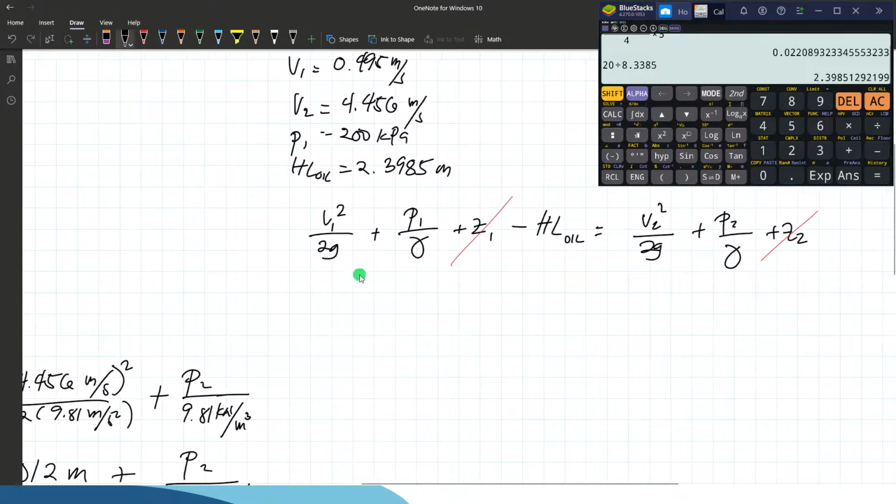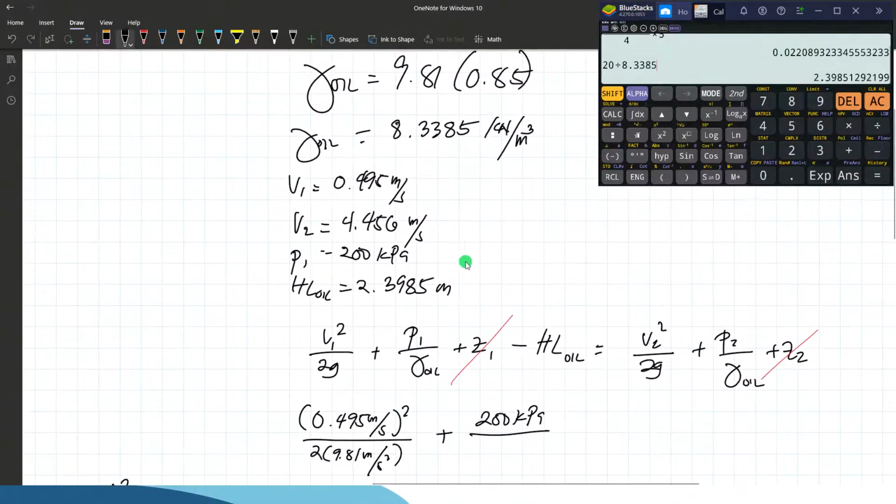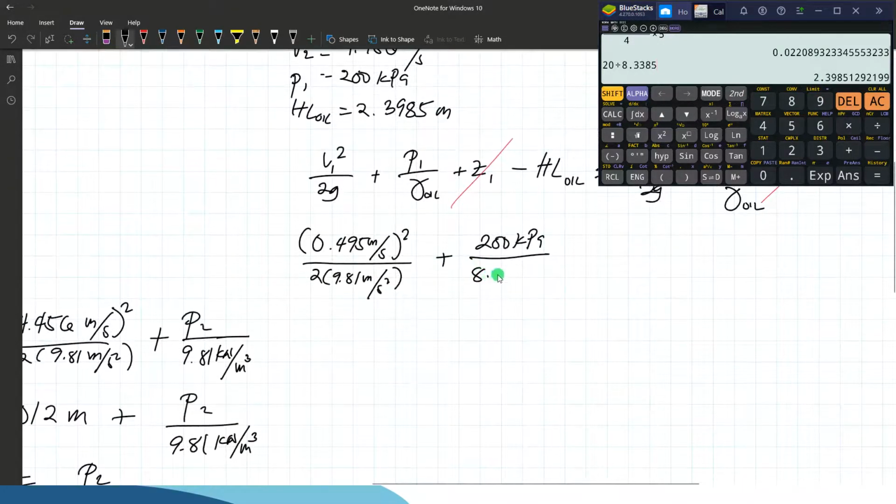Next, for velocity 1, substitute 0.495 meters per second raised to 2 over 2 times 9.81 meters per second squared, plus P1, 200 kilopascal, over the unit weight of oil, 8.3385 kilonewtons per cubic meter.